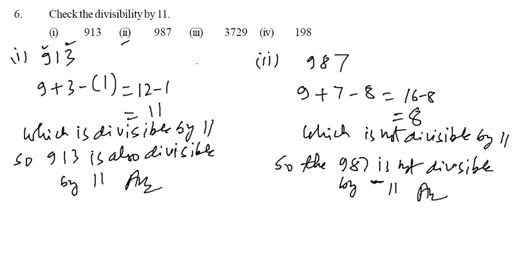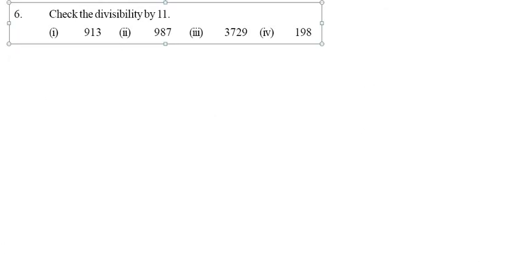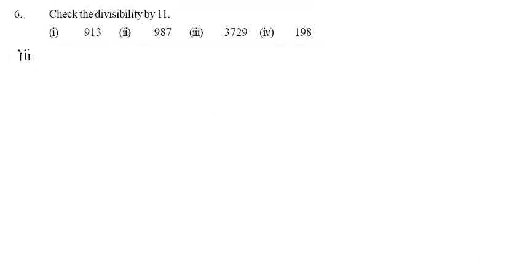Now let us see the third and fourth parts. The third part of this question is 3729. Let us do 3 plus 2 minus 7 plus 9. What will happen?